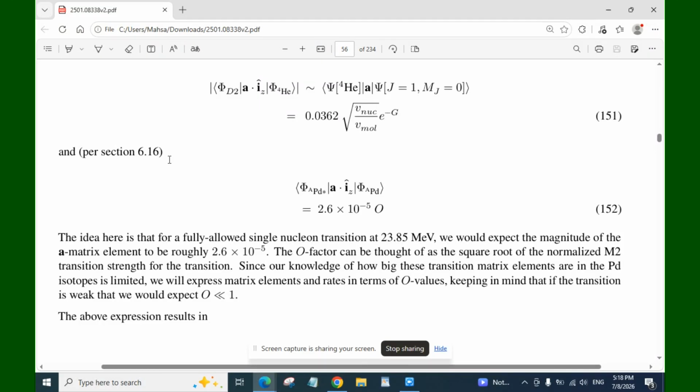And per section 6.16 we have a phi palladium star absolute r multiplied by iz phi I palladium is equal to 2.6 multiplied by 10 to the power minus 5 omicron.